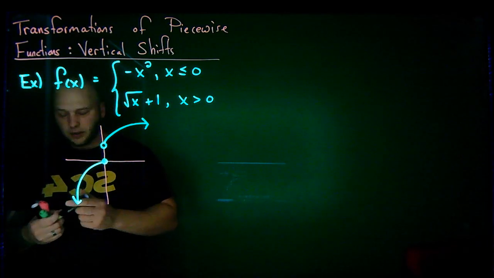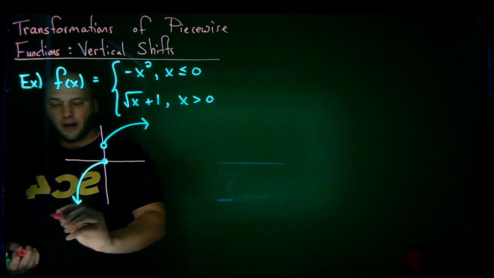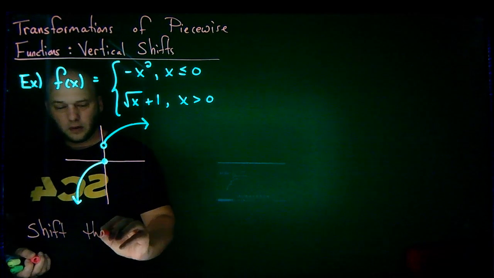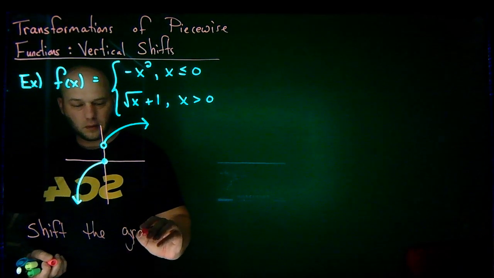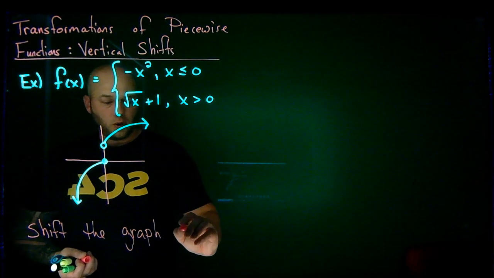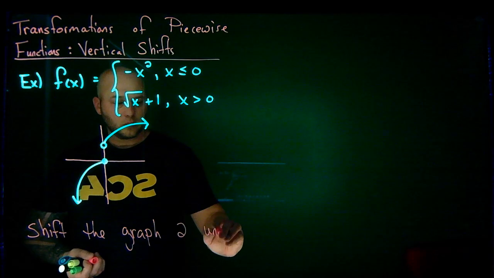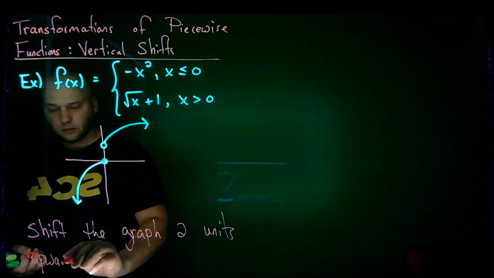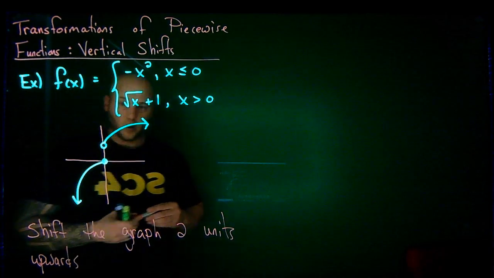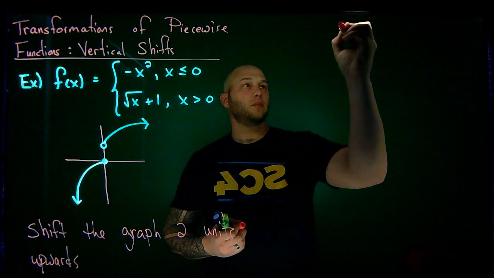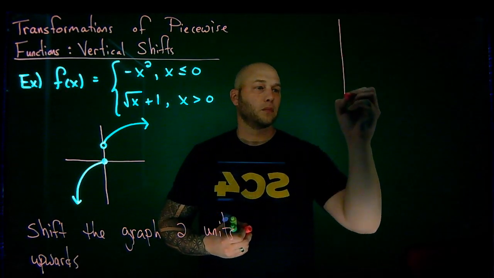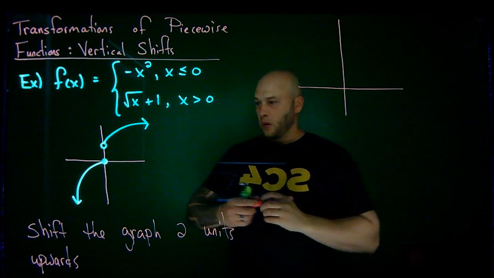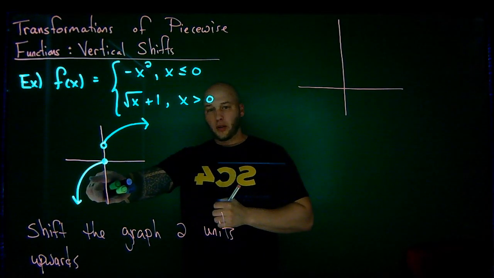Now let's shift the graph 2 units upwards. What does that then look like? Let's take a look at this portion of the parabola.